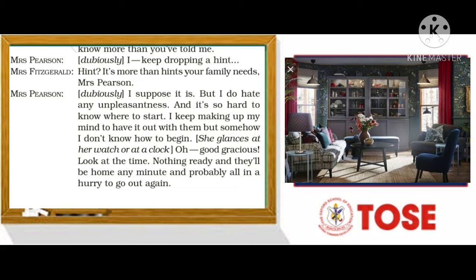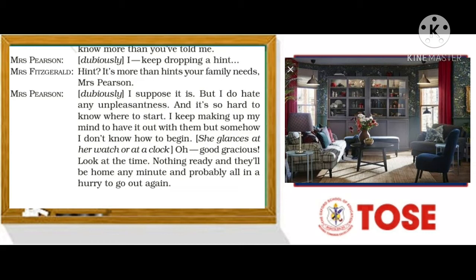Look at the time, nothing ready, and they'll all be home any minute, and probably all in a hurry to go out again. So while she was talking with Mrs. Fitzgerald, she just looked at her watch or at a clock and gave an expression of surprise: what was the time? And now they'll all be coming in any minute, and there's nothing ready for them.